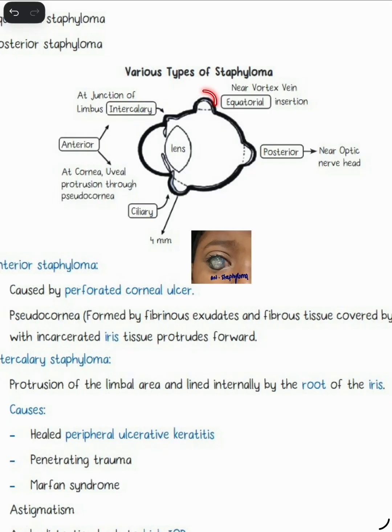And the equatorial is a protrusion of the sclera lined internally by the choroid. And as we move more posterior, the posterior staphyloma, a protrusion of the sclera lined internally by the choroid.